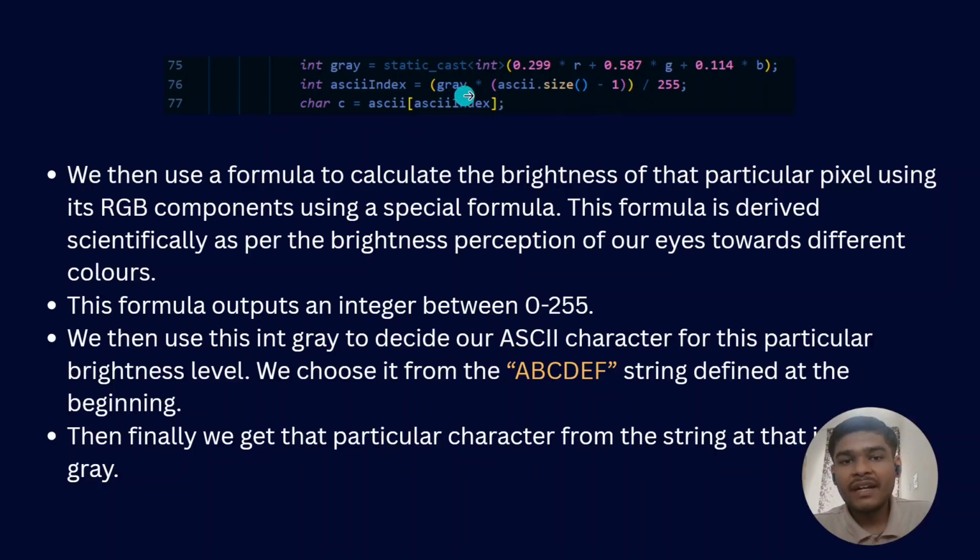So we need to divide by this maximum value, which is 255. So we will be getting a particular index between 0 and the array size. After we get the index, we put it here and we get the particular character. So this is our character choosing part.